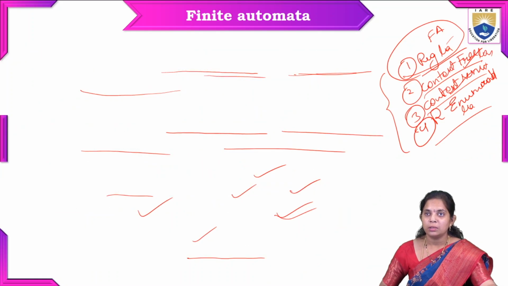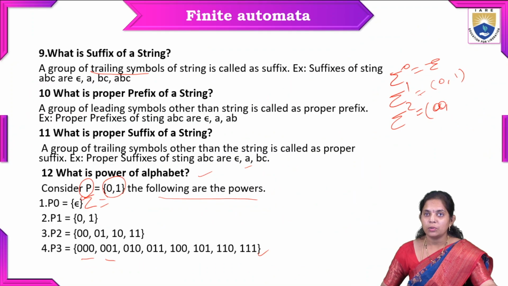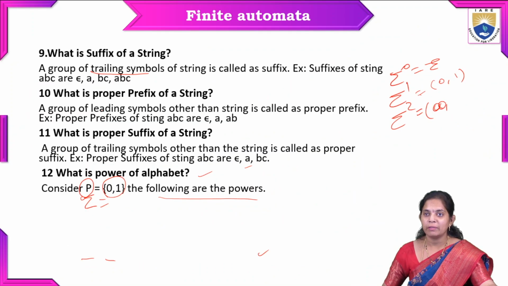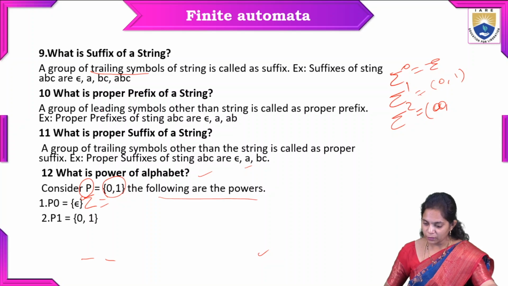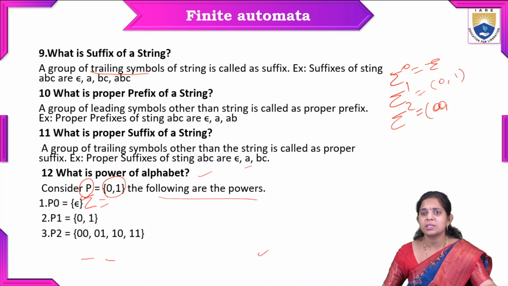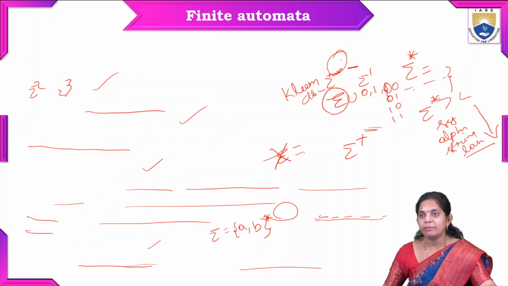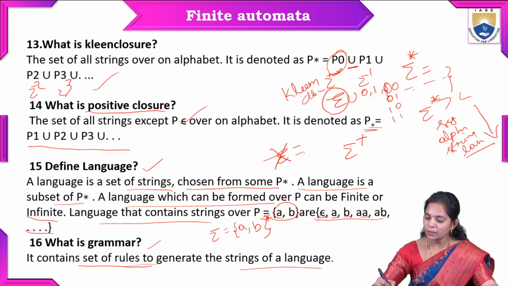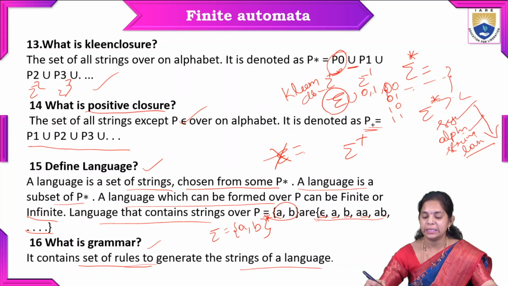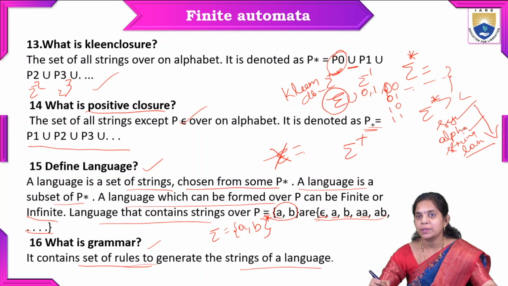Initially we have sigma, symbol, alphabet and string. With the alphabets we can form strings, and we have powers of sigma, and we can form languages with multiple strings.